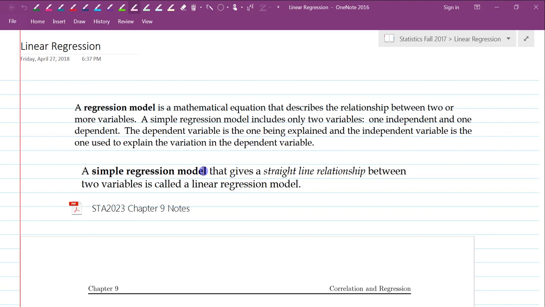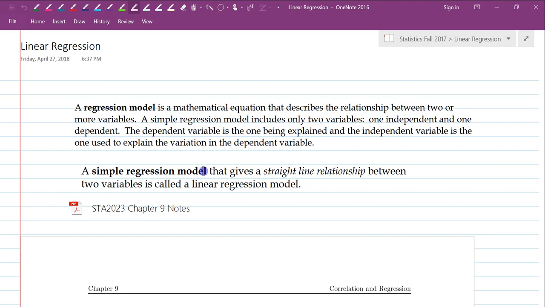So what that tells us is the price or the value of the vehicle is dependent upon the number of miles on the vehicle or the age of the vehicle.